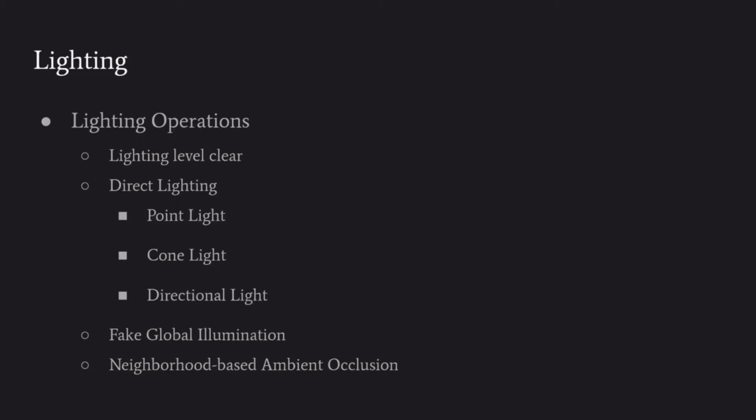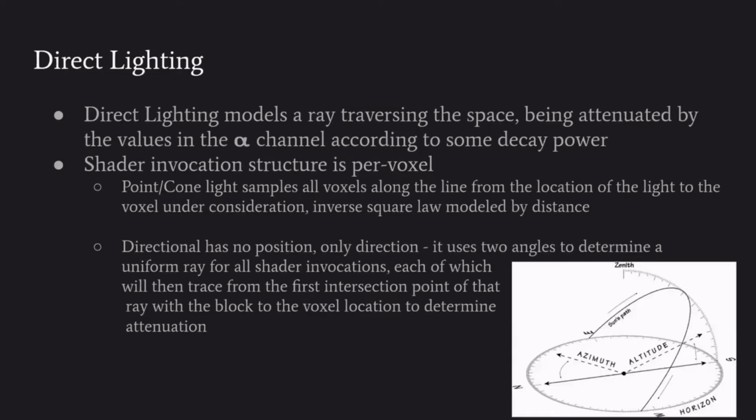But anyway, so these types of lighting create that illusion. Things like point lights, cone lights, directional lights, fake global illumination, and neighborhood-based ambient occlusion. And I'll go over each of these. So the direct lighting is basically modeling a ray traversing the voxel space and being attenuated as it travels, where attenuation is just the signal is decreased in magnitude, right?